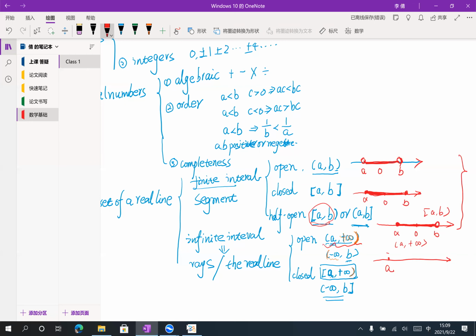So we first draw an open circle on A, and all the numbers larger than A means all the numbers on the right of A, so we draw a line on the right of A. This means the interval from A to positive infinity. They have an open circle on the real line, so this interval is an open interval.